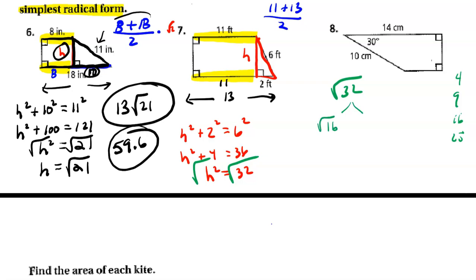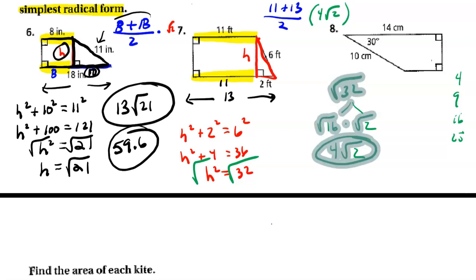So the square root of 16 times the square root of 2 would be the square root of 32, which is just 4 radical 2. So this is what would be considered simplest radical form. So now I would need to go and put that h up here at the top. 4 radical 2. And again, if I wanted to, I could just get the decimal for the square root of 32 and plug that in there. But just trying to do simplest radical form here.